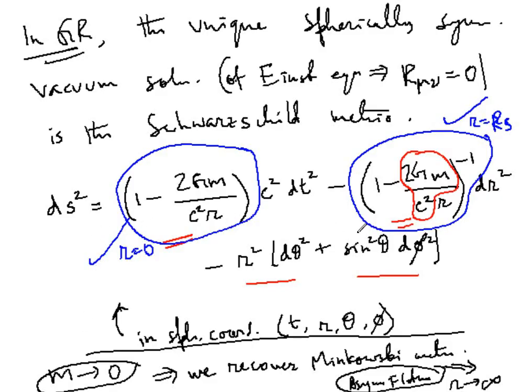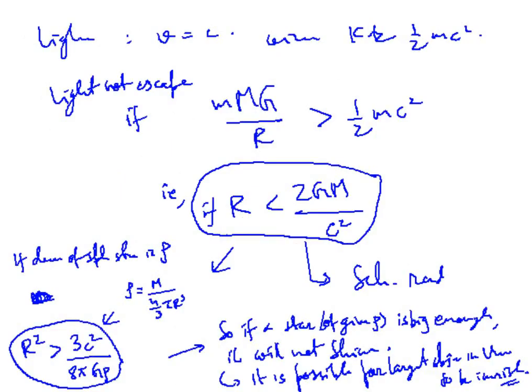Okay, now you see what I am going to do. I am going to write this same metric in terms of this Schwarzschild radius, Rs. So let me write down the metric, right? Okay.